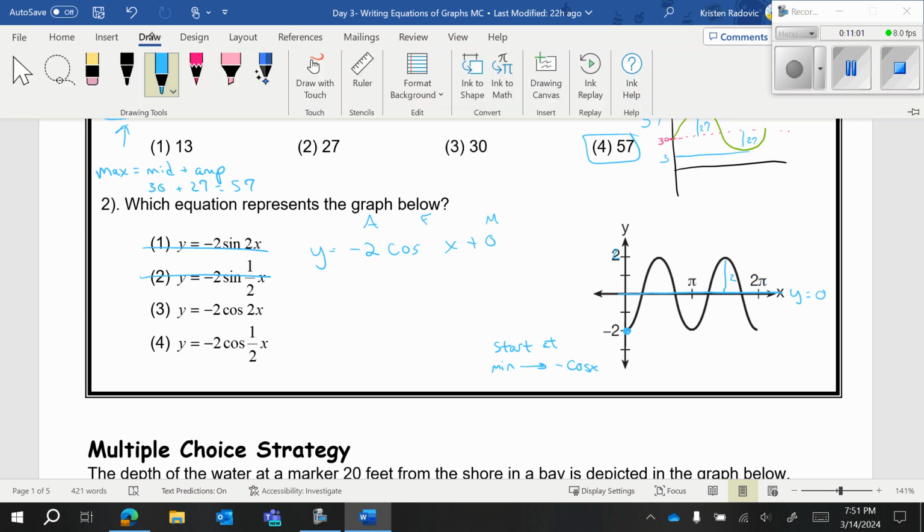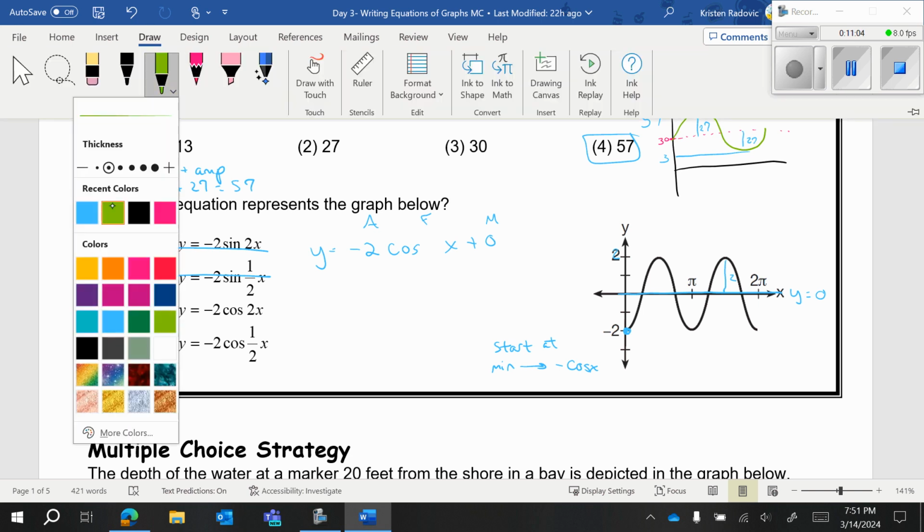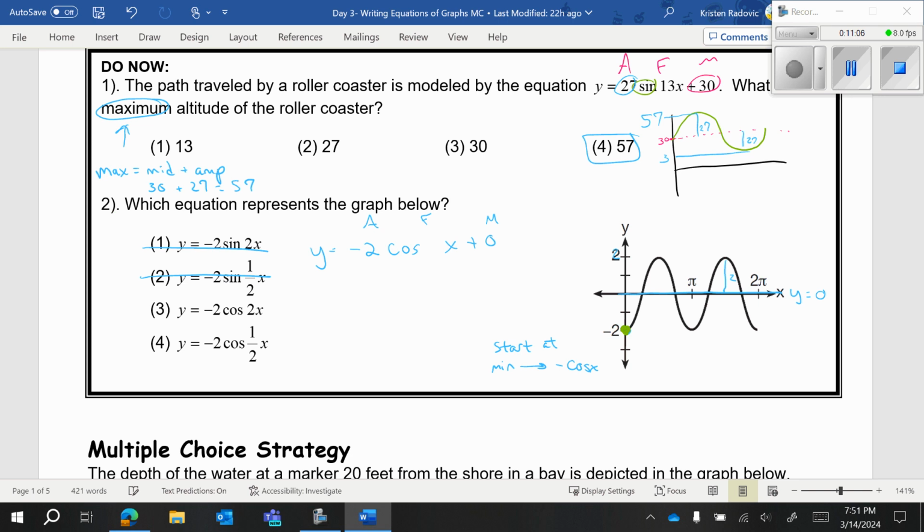Now you need your period. We're starting at the minimum, so your period is from minimum to minimum. This is one cycle of the negative cosine curve. From min to min, you're starting at 0, you're going to pi. So your period equals pi. The problem, this is AFM, not APM.